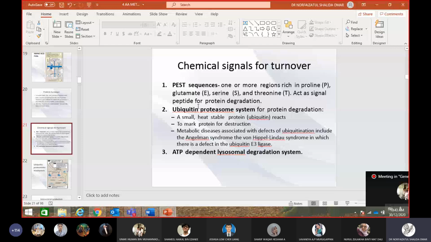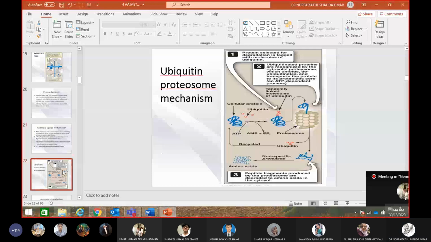Any protein that is bound to be degraded will be signaled by this PEST sequence, so that the body knows that this protein is bound to be degraded, and the ubiquitin protein system will bind to it. So this is the ubiquitin protein mechanism.